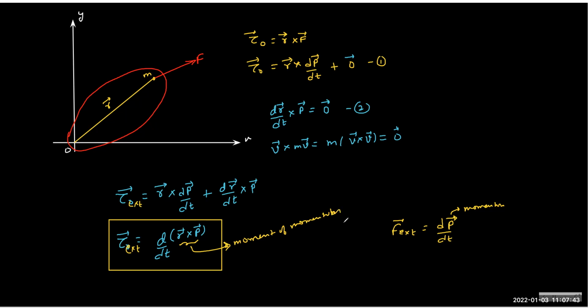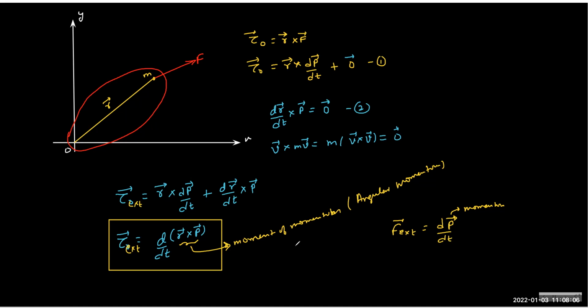And because r cross p is called moment of momentum, it was later given the name angular momentum. The name angular momentum was suggested later on, but it was just moment of momentum. The earlier name was moment of momentum.